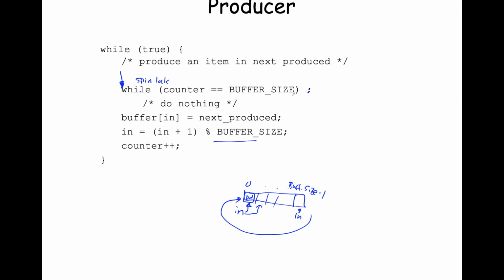So once this counter reaches the buffer size, if there's nobody to consume these data items, eventually the counter equals buffer size, and the spin lock prevents the producer from putting in any more data items. So if I have data items everywhere, it goes back to here, it wraps around to the beginning, the count is equal to buffer size, and it will not allow it to insert a new item.